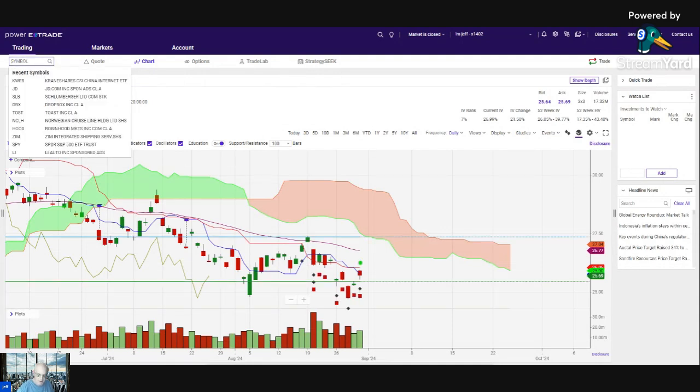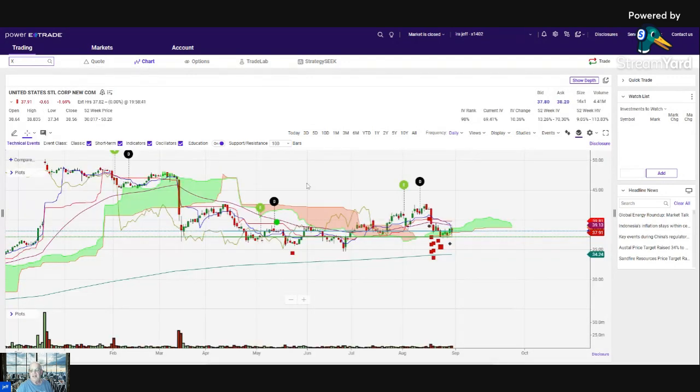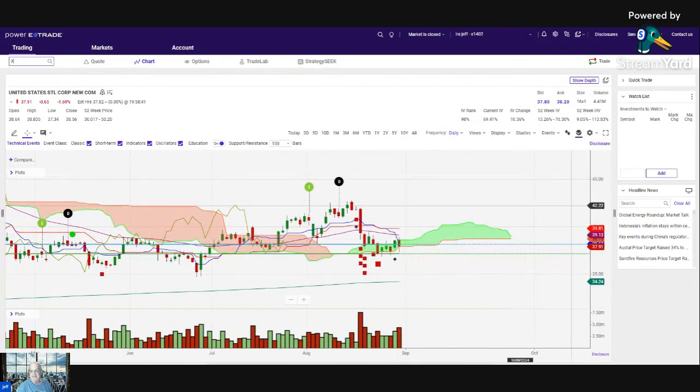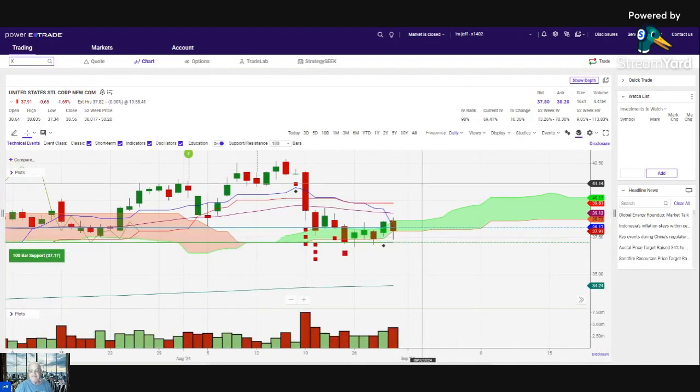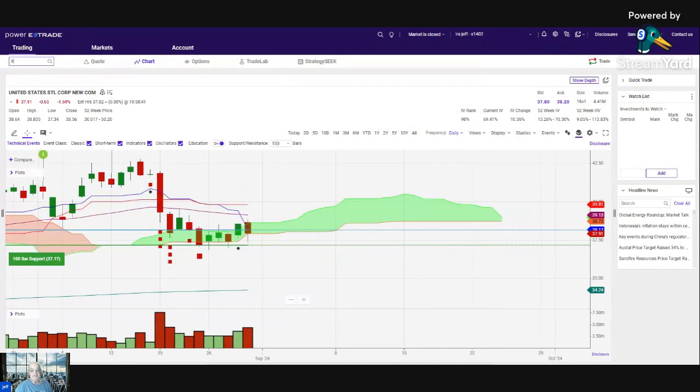Oh, I'll show you what I put in for the scan. But here's X, just for the fun of it. You see, so this is the scan today. This is not a trade because this is green over here. But when you bring up the scanner, I never trade the scans the same day. I wait and watch it, make a list and watch. So if this goes below here, the red is above the blue, so yes.